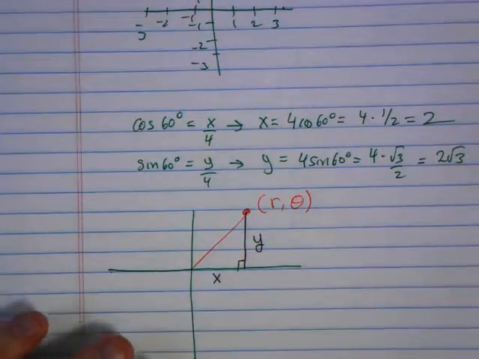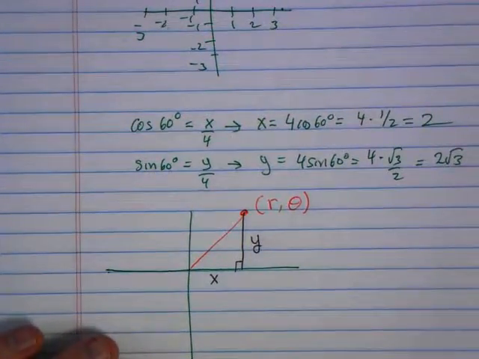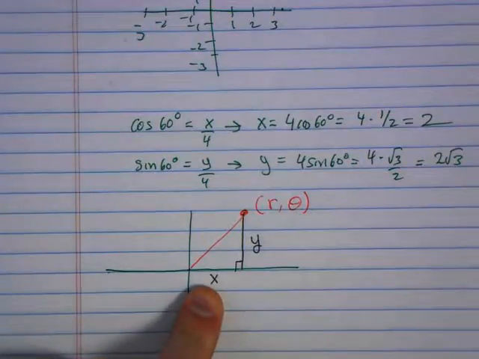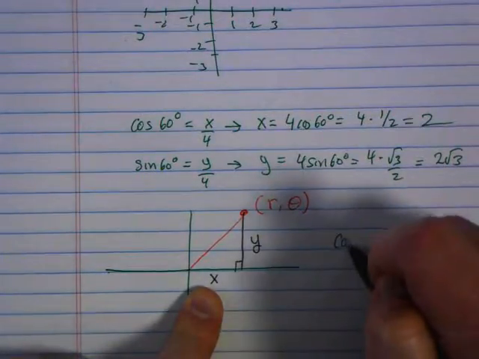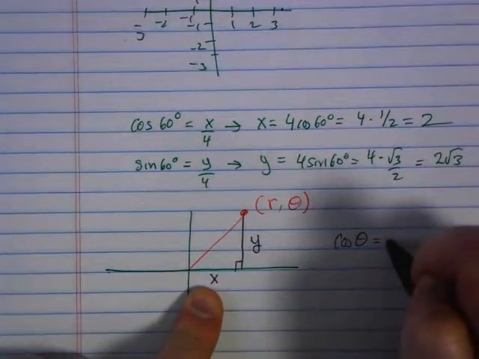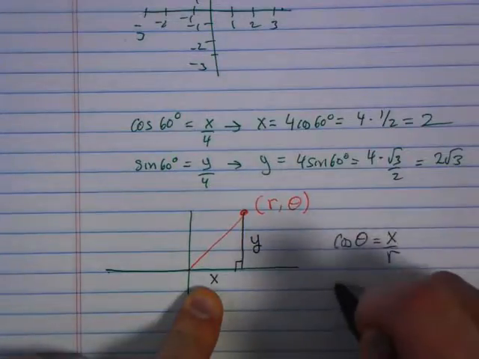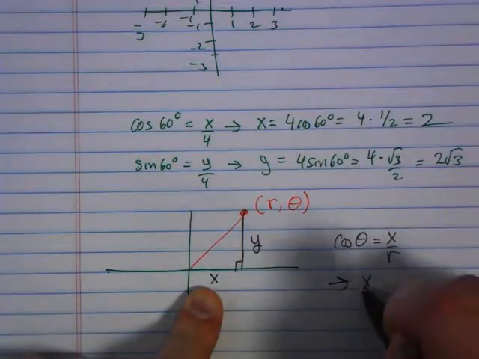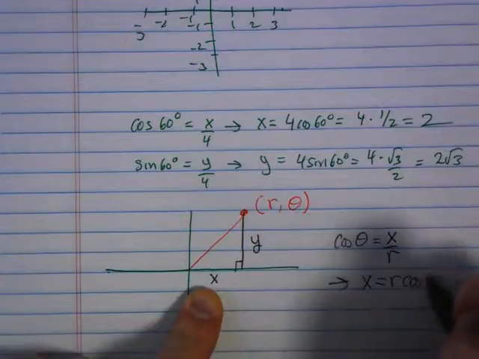What would you do? How would you find x? Using the cosine. So cosine of theta would be x over r. In other words, x is r cosine theta.